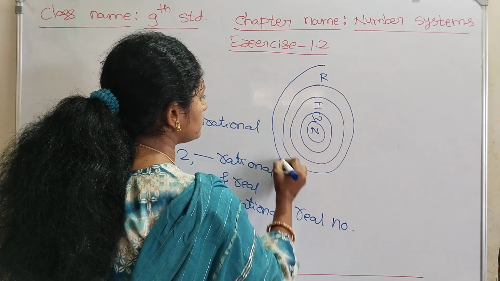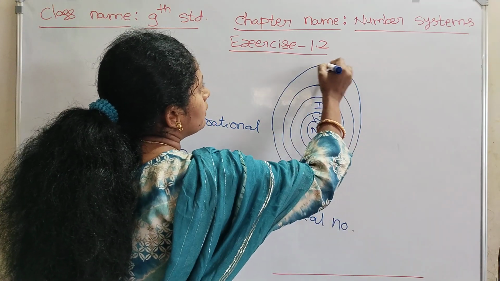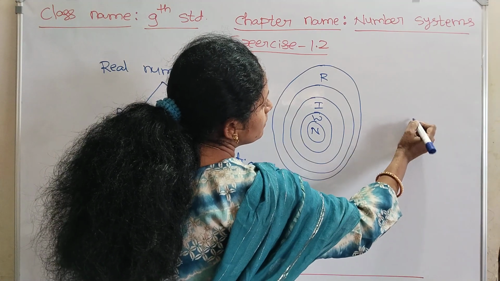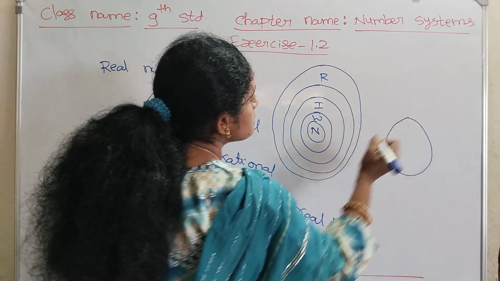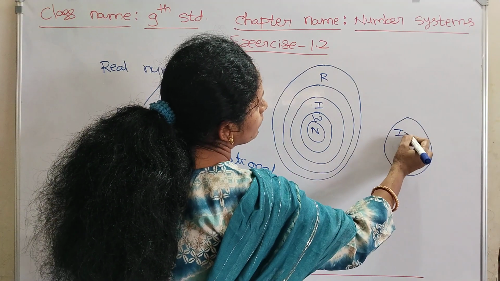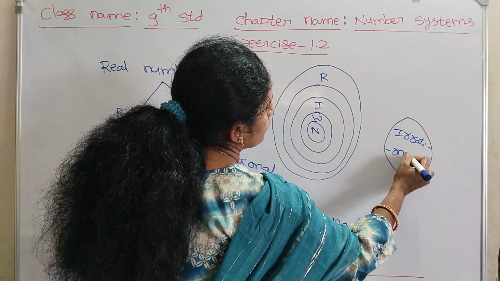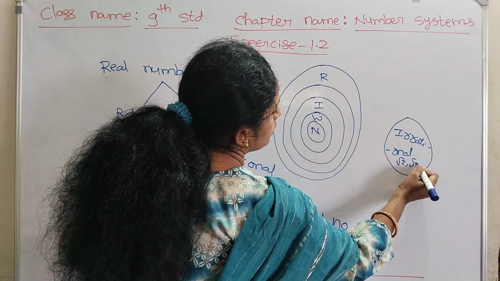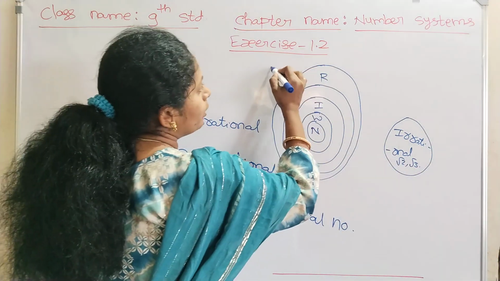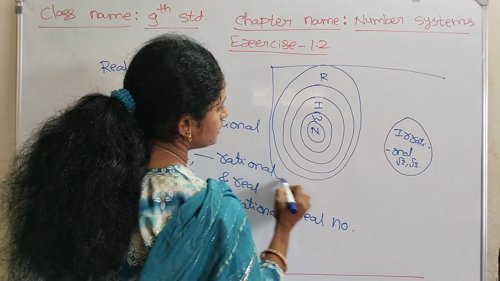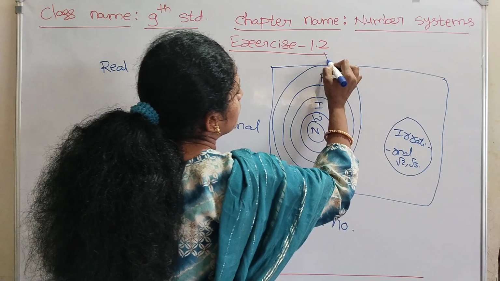Yesterday we have seen this diagram. And the irrational numbers are separate numbers, root 2, root 3 and so on. So the combination of these is the real numbers.